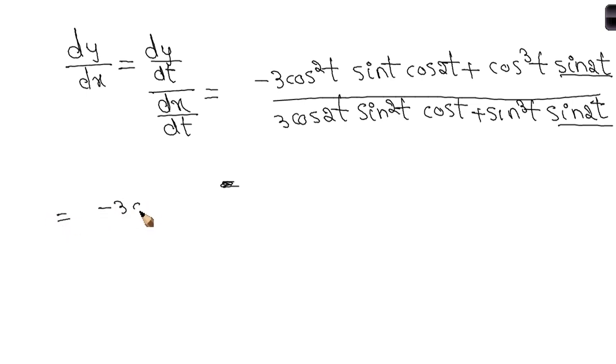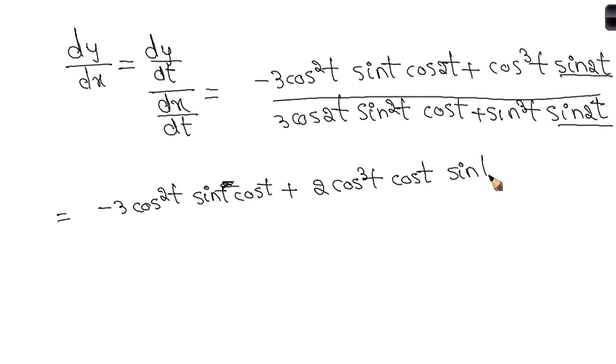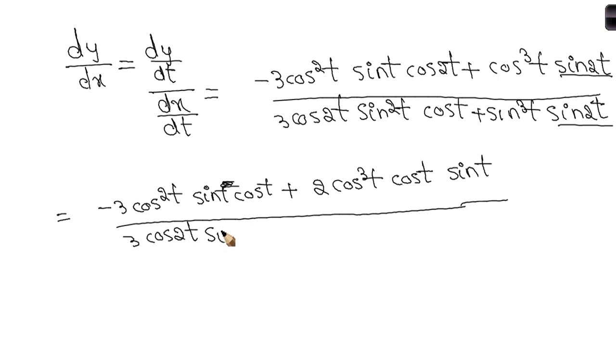So, minus 3 cos square t into sin t into cos t plus 2 cos cube t into cos t into sin t, upon 3 cos 2t sin square t into cos t plus, again expanding here, 2 sin cube t into sin t into cos t.